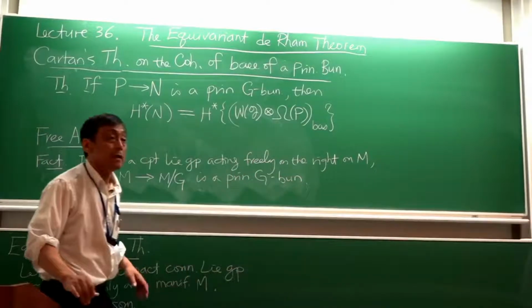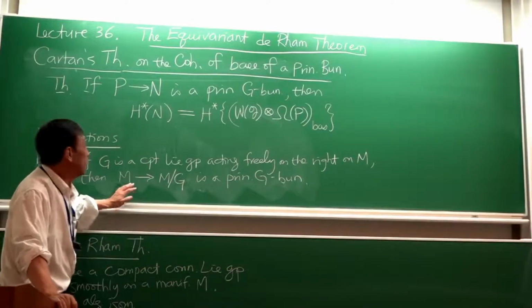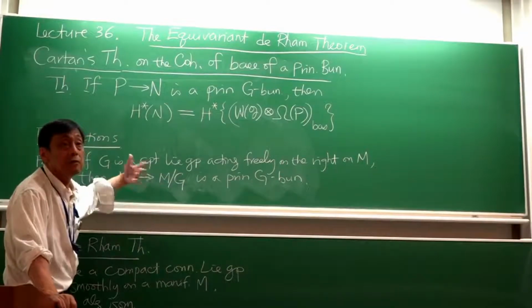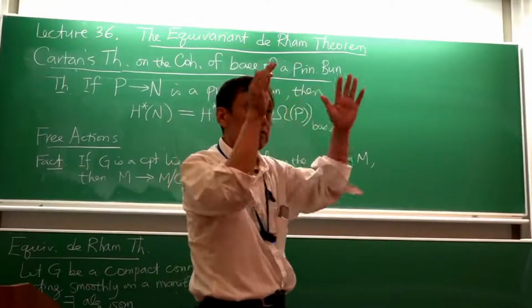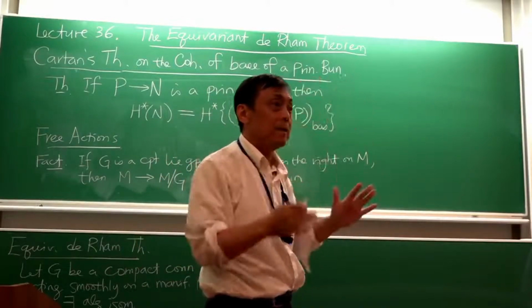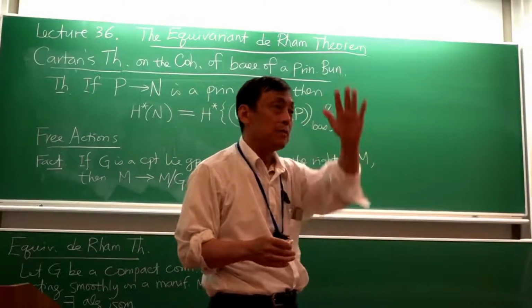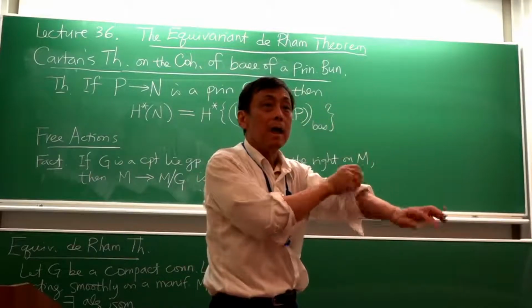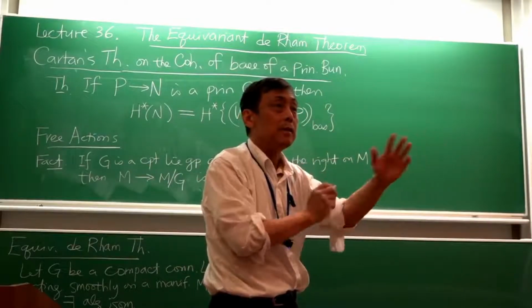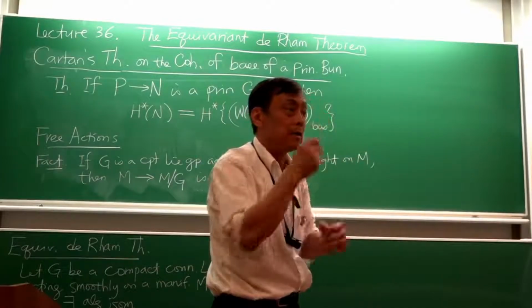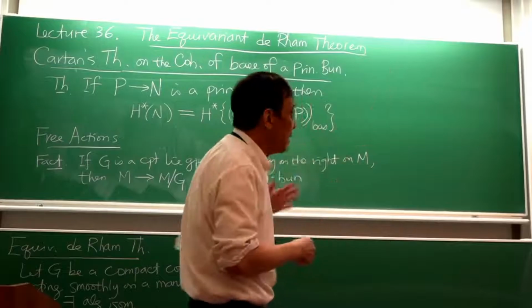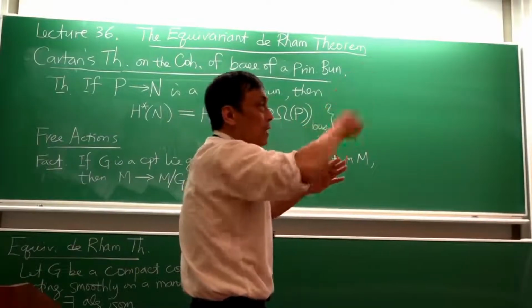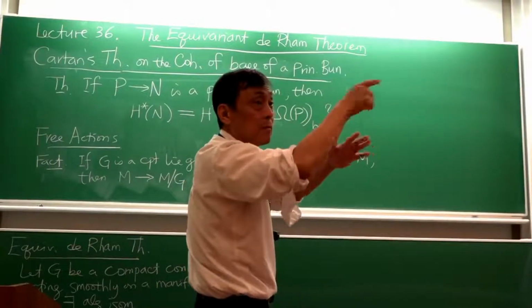Okay. Now, this is not true if it's not a compact Lie group. So, for example, when you have the torus, and you have the irrational line. You can think of that as the action of the real line on the torus by sending it to other points on the irrational line.